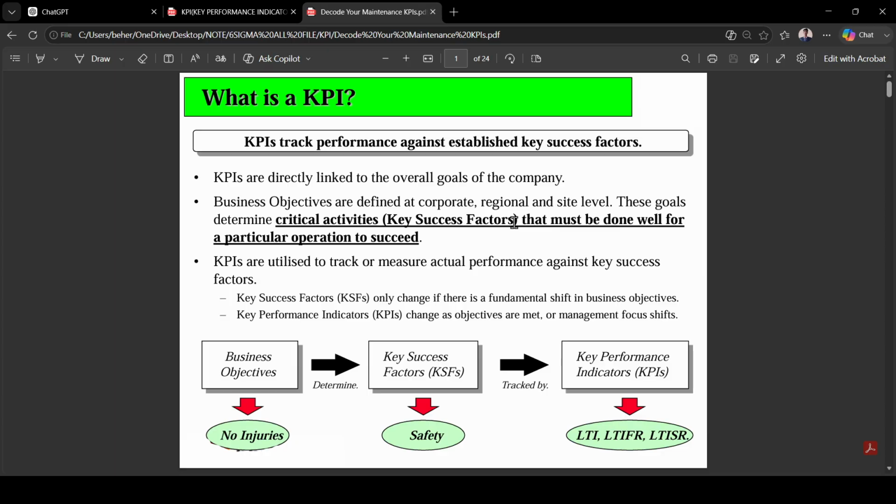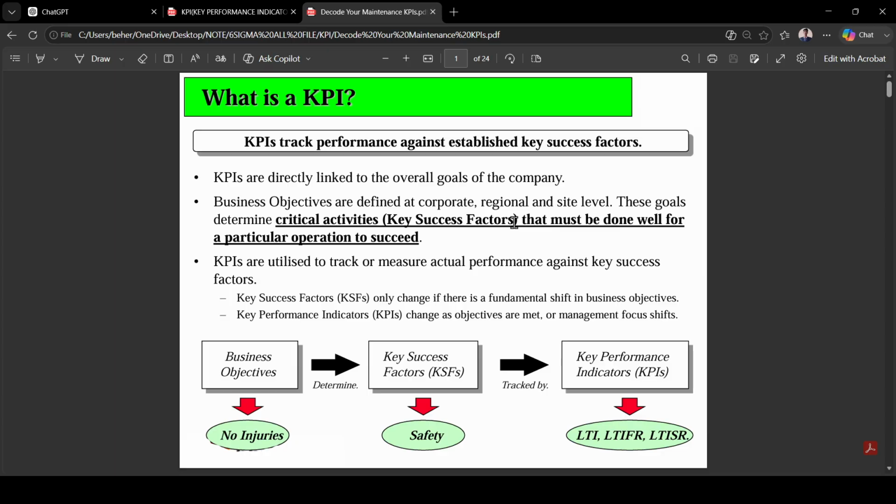Business objectives are defined at corporate, regional, and site level. These goals determine critical activities, the key success factors that must be done well for a particular operation to succeed. KPIs are utilized to track or measure actual performance against key success factors.